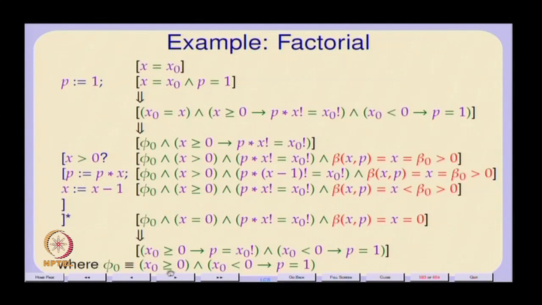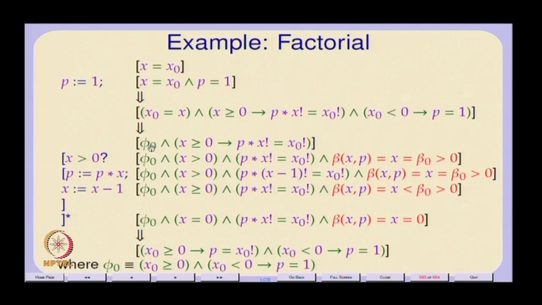This phi naught does not mention x anywhere, and if x naught is greater than or equal to 0, then anyway this predicate x naught less than 0 arrow p equals 1 is trivially true. Okay. So this phi naught is actually anyway going to be invariant of this loop. It is not going to change in this loop. Its truth is not going to be altered in this loop.